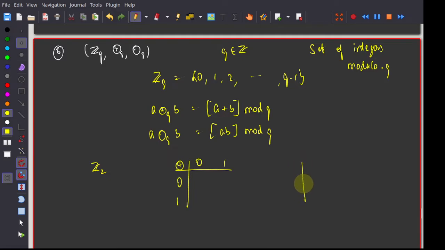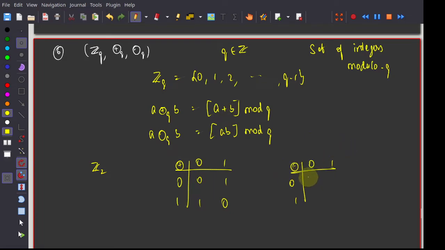So this is the addition table and this is the multiplication table. 1 plus 1 mod 2, so it is 2 mod 2, which is 0.